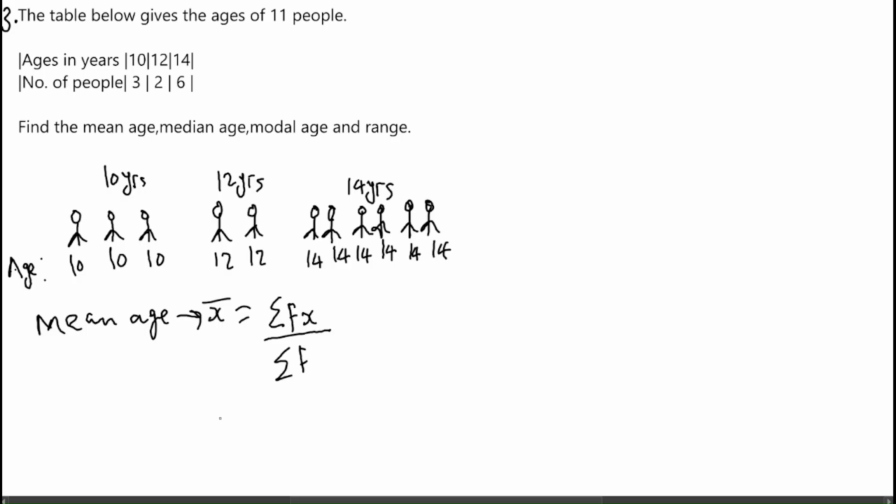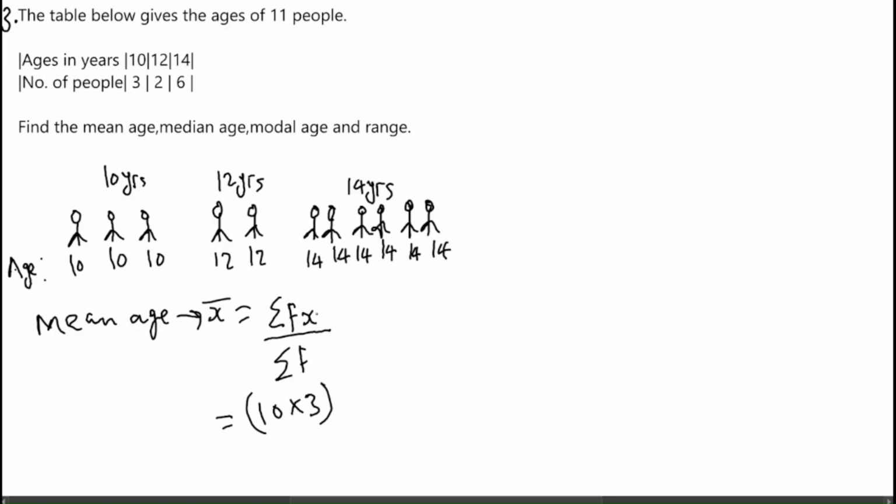Now, our mean is going to be equal to, we can say 10 plus 10 plus 10 plus 12 plus 12 as usual. But remember, 10 plus 10 plus 10 is 30. And also 10 times 3 is 30.